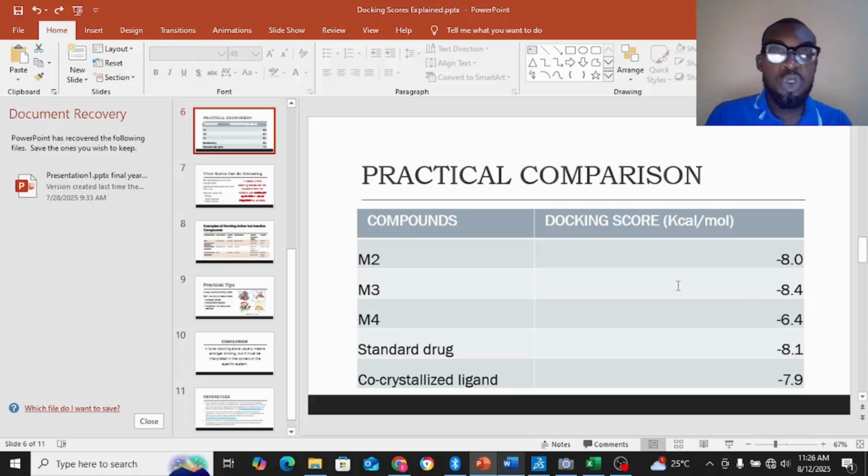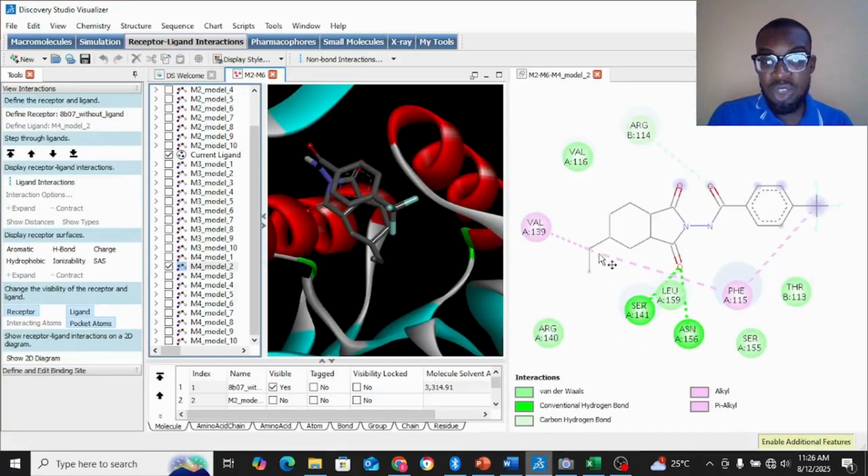Now, to consider how strong the interaction might be, you also have to obtain the distance. Yes, you can obtain the distance between the atom and the amino acid, and that distance gives you a measure of how strong that interaction might be.